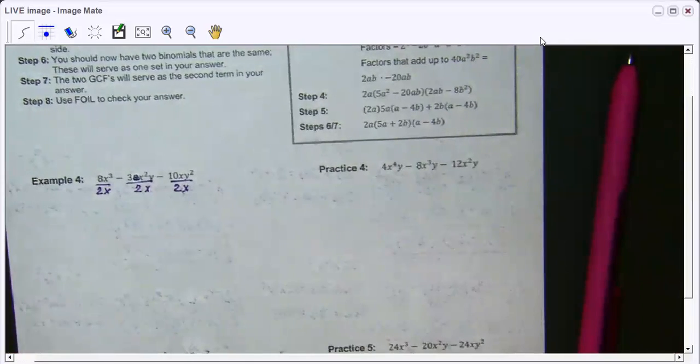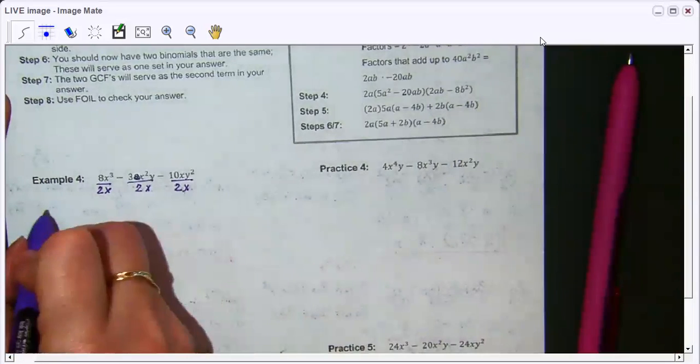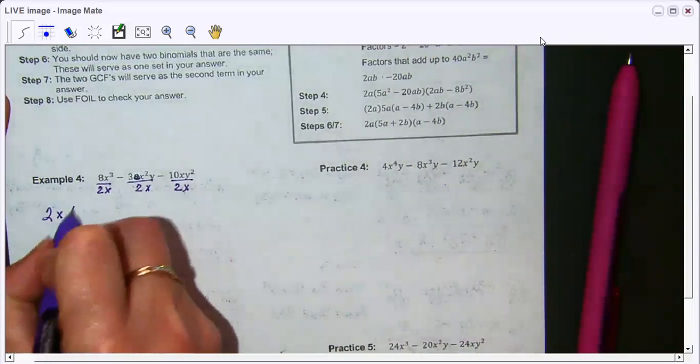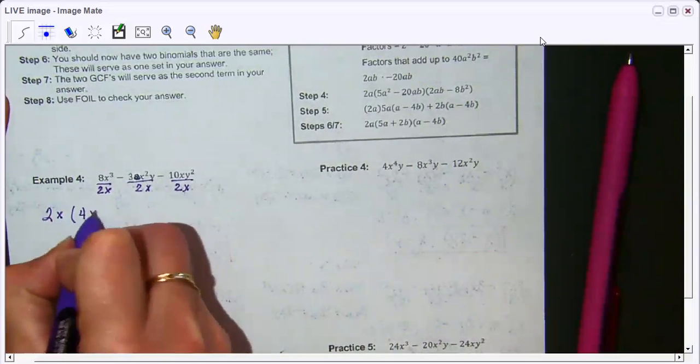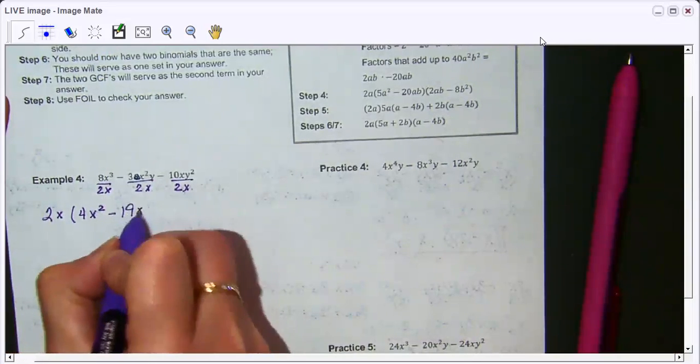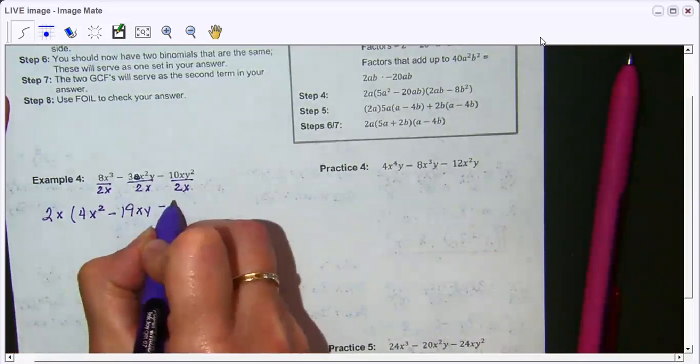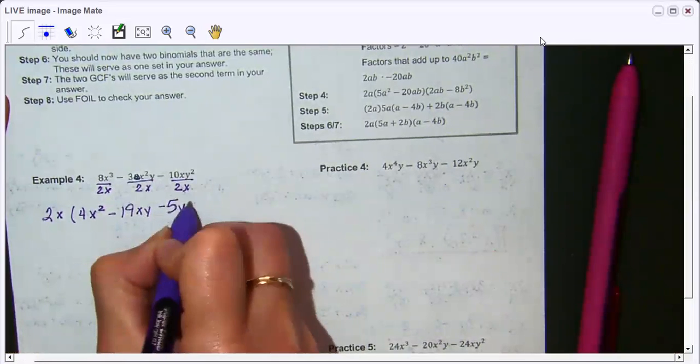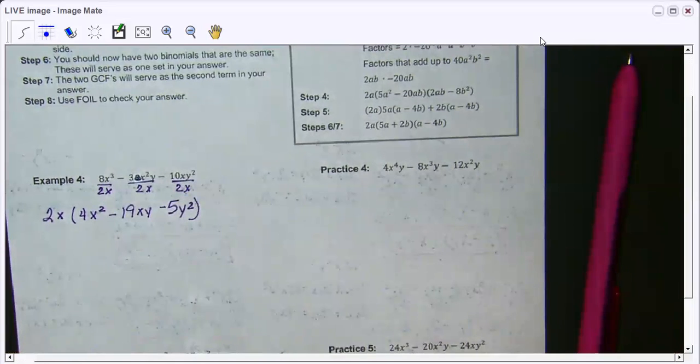Okay, so now I'm going to rewrite my problem as 2x times 4x squared minus 19xy minus 5y squared. Once you do that, we have a problem that is similar to the ones we had on the first side.